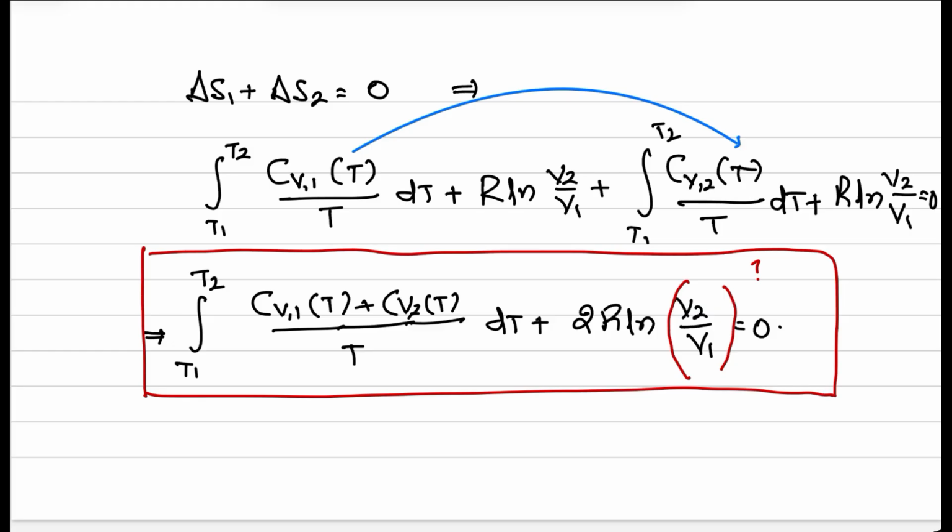In this controlling equation, we know all the values, and so we can get the value of V2 by V1.